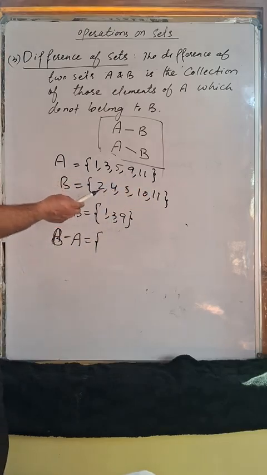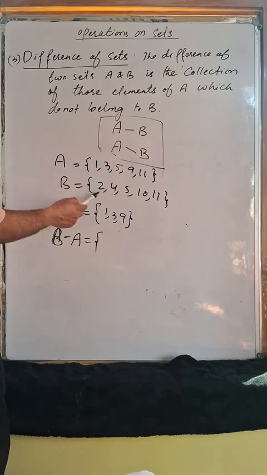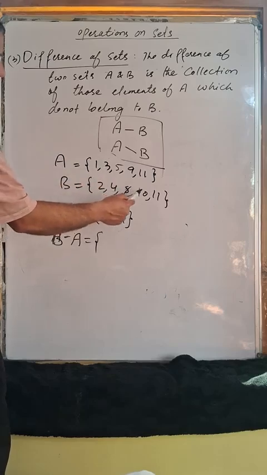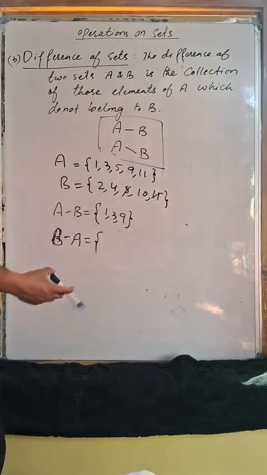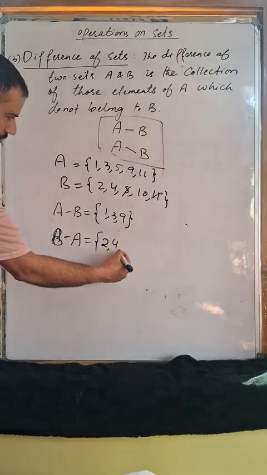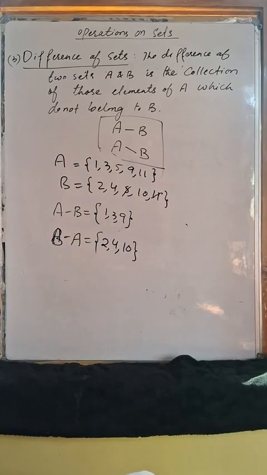We have to take the elements of B that do not belong to A. Does 2 belong to A? No. 4? No. 5? Yes. Cancel. And 11. So we have to write it as {2, 4, 10}. This is the difference of two sets.